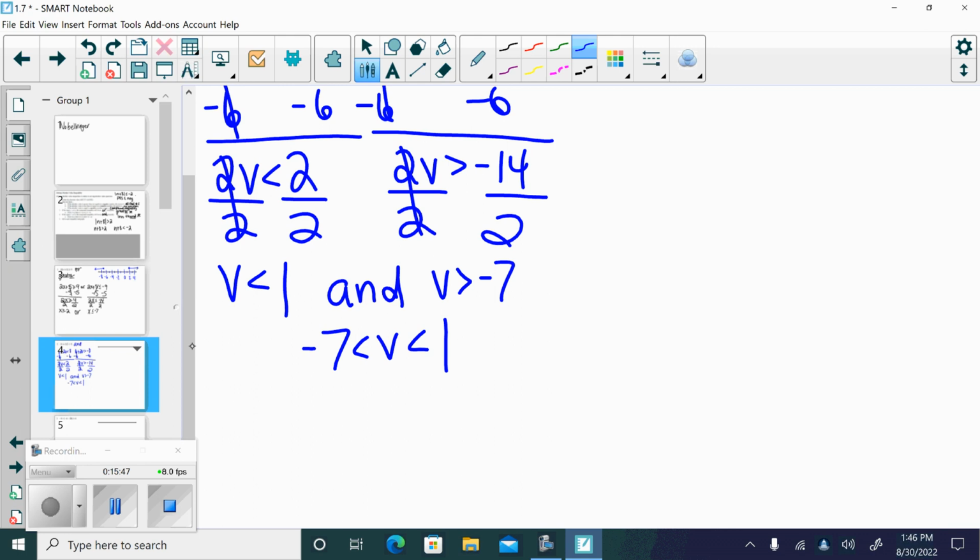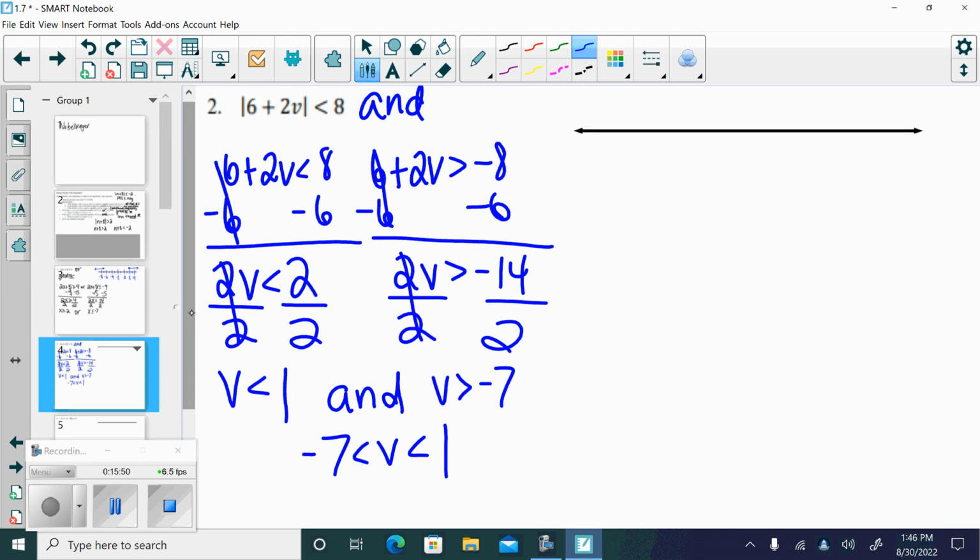All right, now we need to graph. So once again, I'm going to go by 2. So negative 8, negative 6, negative 4, negative 2, 0, 2. Now with AND inequalities, do they point away or towards? Towards. Remember, they connect. Okay? So let's just plot our circles first.